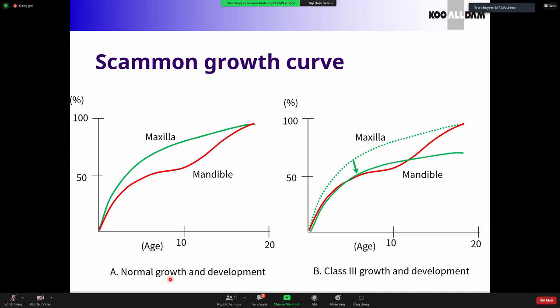However, in some class 3 patients, if there is insufficient maxillary growth, what happens? If the mandibular growth is normal, we can see class 3.